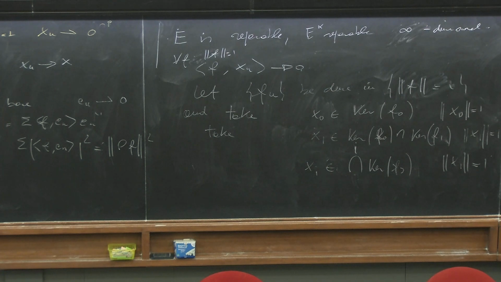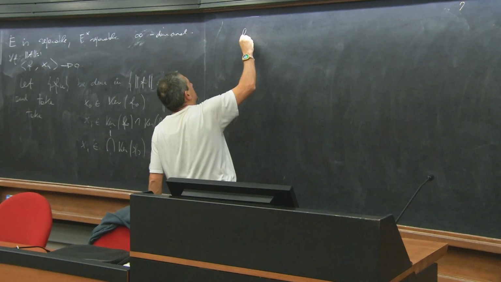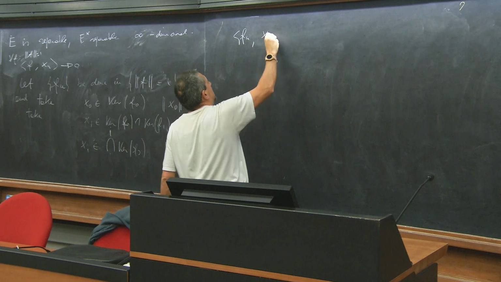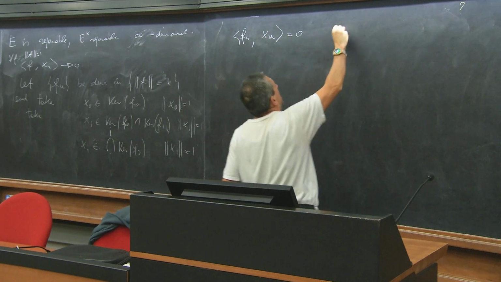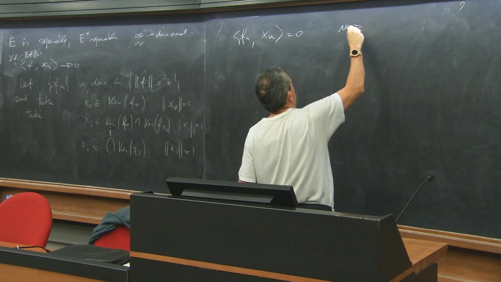Okay, that's enough. So what happened? This is a sequence which has norm 1. And fn applied to the sequence xm is equal to 0 whenever m is larger or equal than n.